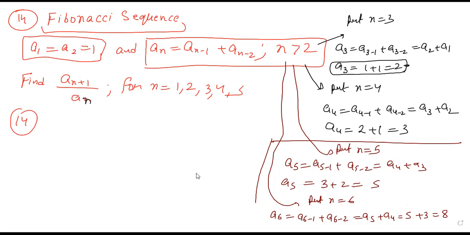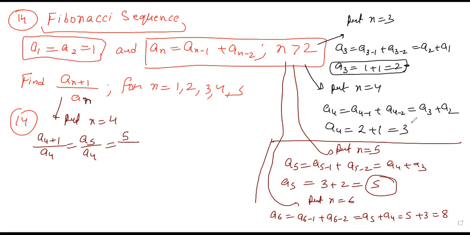Yes, so put here N equal to 4. What are we getting? 4 plus 1 divided by 4, that is A5 by A4. What is A5? We got 5, and A4 is 3, so 5 by 3 is the answer. Again, put N equal to 5. 5 plus 1 and A5, that is A6 by A5.